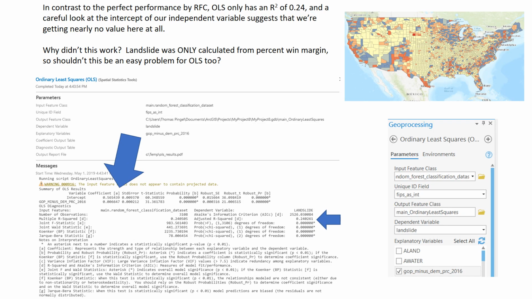In contrast to the overall fit, one of the things we can do is compare this to ordinary least squares regression. This one's really interesting because our ordinary least squares regression essentially only has an R-squared value of 0.24%.